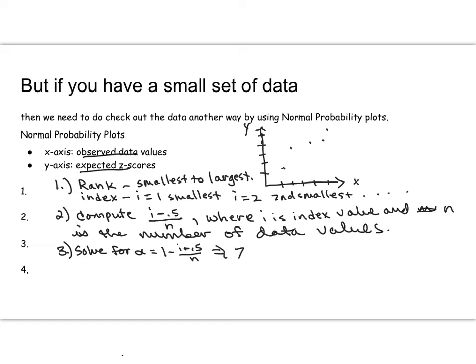You're going to use that for z alpha, and remember that that's the value of the area to the right. And then your fourth step is to compute the z-score that goes with that.